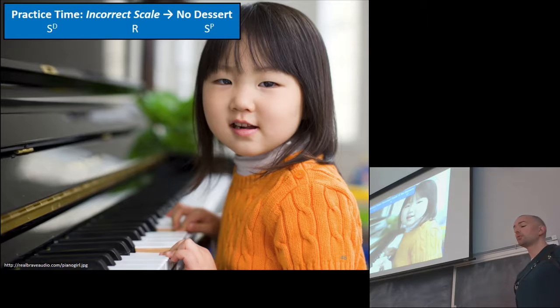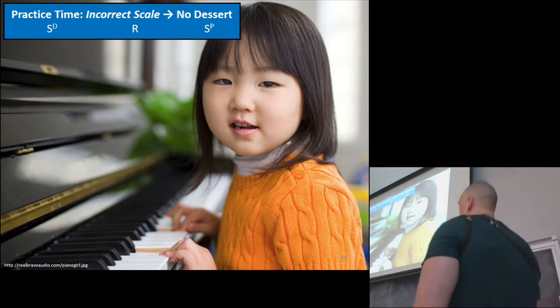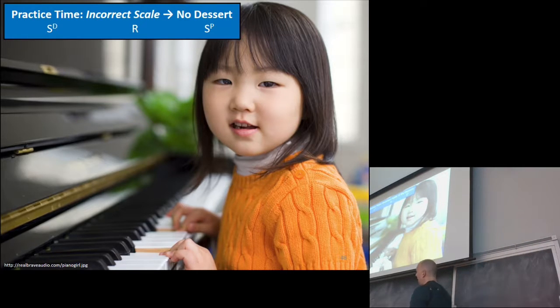Let me make that example a little bit more technically clear. Let's say that they didn't actually heap any scolding on her. They just heard the incorrect scale, and they're like, "Guess what? No dessert for you tonight." So they've taken away dessert, and that leads to a decrease in that incorrect scale being played. We have her behavior, and when she's playing that incorrect scale, she is living in a dessert-eating world. Her situation is that she's going to get dessert after dinner.